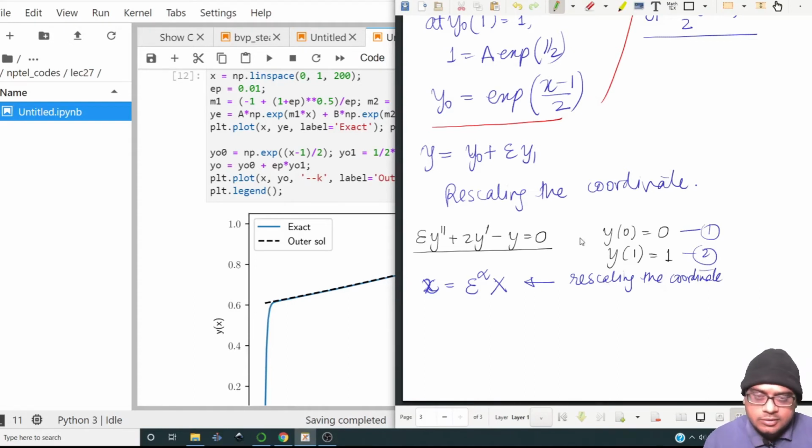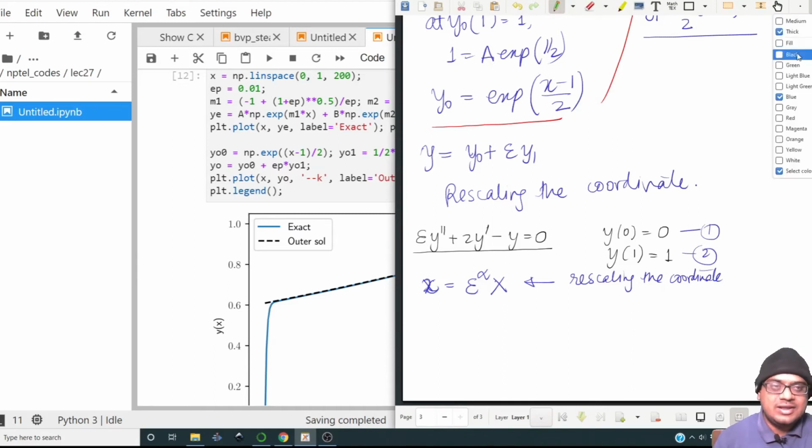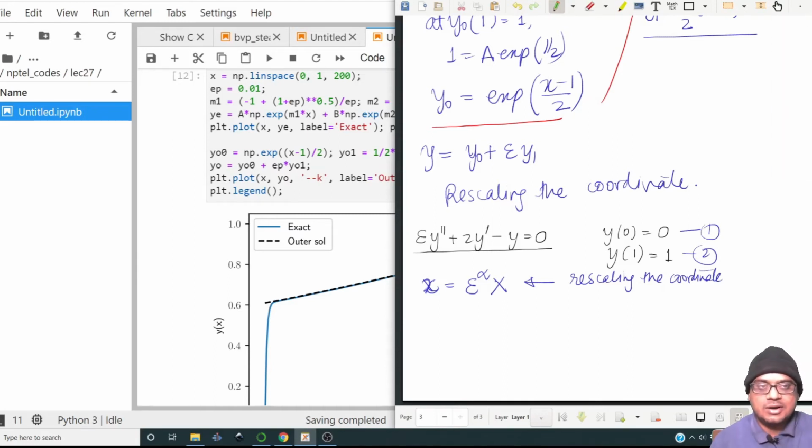Depending on the smallness of epsilon, we must appropriately choose alpha, which should come out naturally as a consequence of the analysis. After substituting this, let us denote the solution of y in the rescaled coordinate system as capital Y. So what do we have?